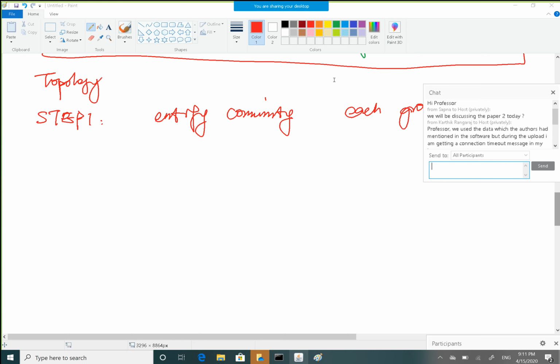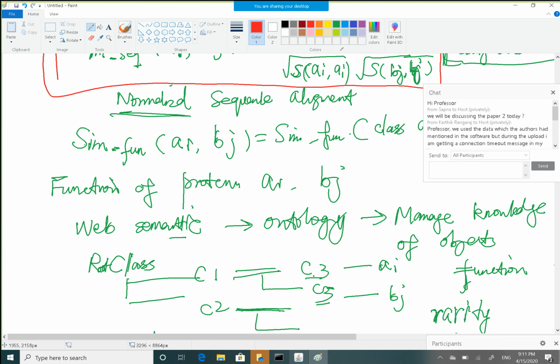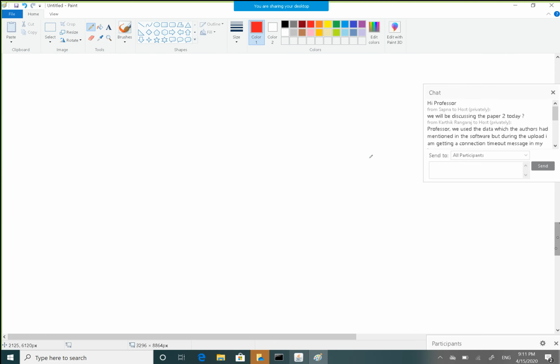You can choose early morning tomorrow or the afternoon. Today, if we have time, we can go to paper 2. But it seems to take long to discuss each paper. If you give me a specific question, we can answer that quickly. But if we want to discuss the paper, then I want to make sure you understand all these formulas, so it takes time. Let me know.